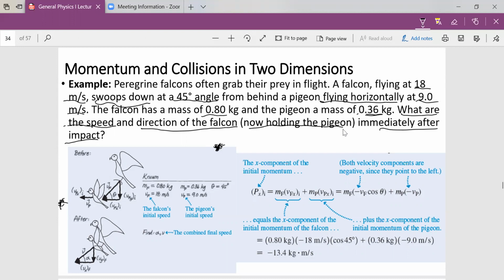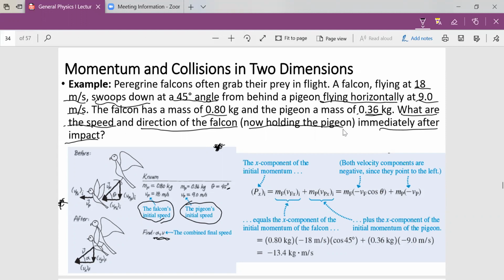Bringing out our parameters, we have the mass of the falcon, the mass of the pigeon, the angle, then the initial speed of the falcon and the initial speed of the pigeon. After impact, they combine together and move together at the same speed. That should also influence the expression of our parameters.